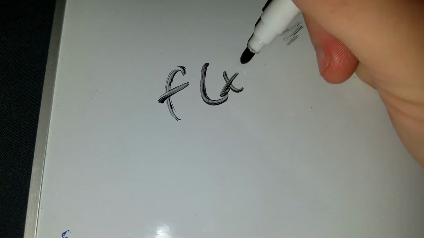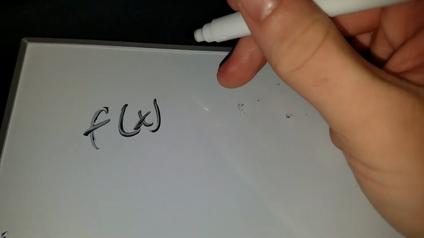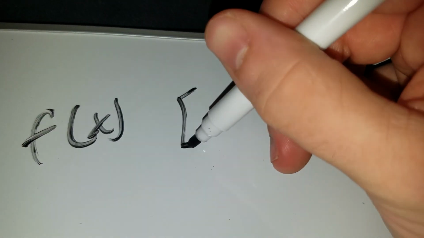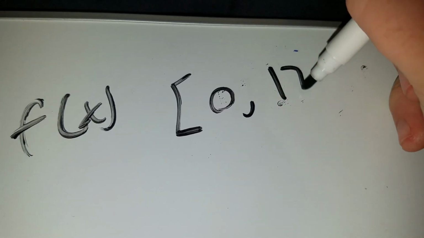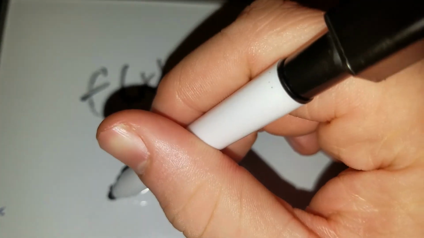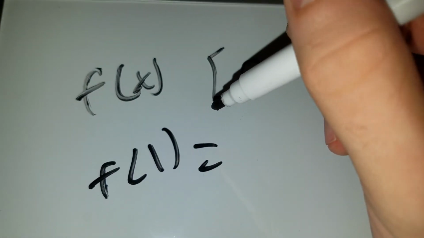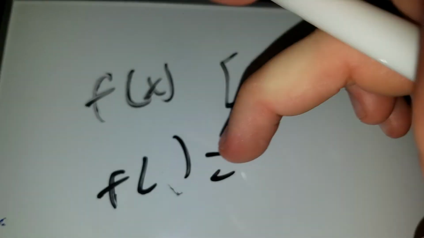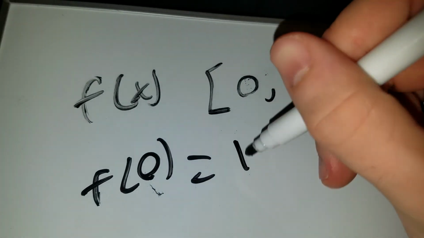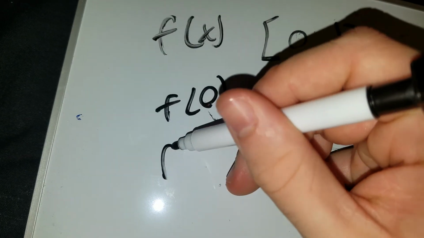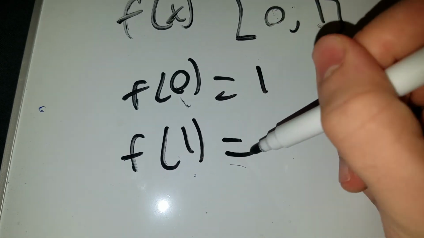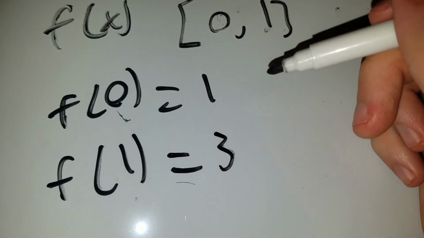We know that f of x is continuous from 0 to 1, and that includes 0 and 1, and f of 0, my bad, f of 0 equals 1, and f of 1 equals 3.